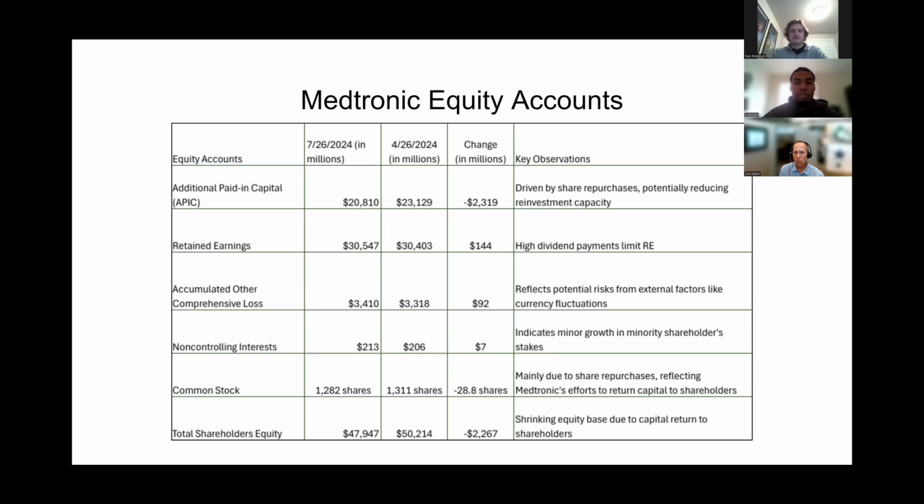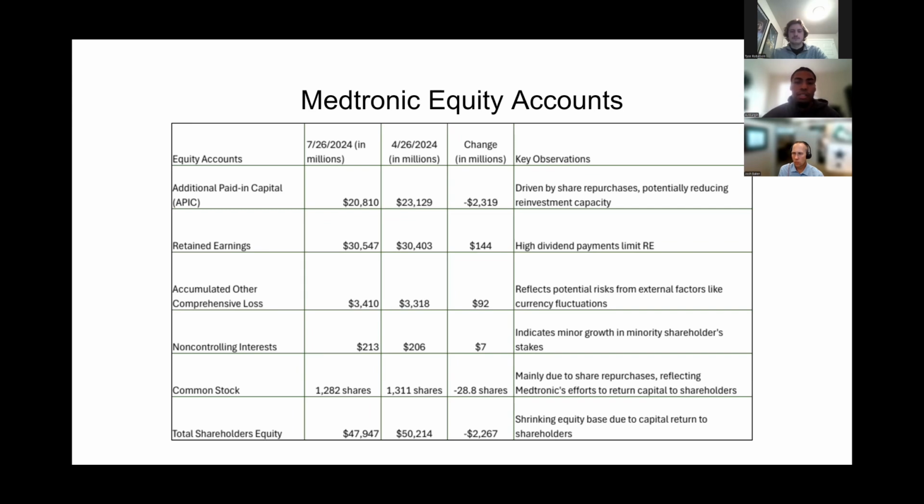Retained earnings saw a slight increase, $144 million, though high dividend payouts continue to constrain further growth in this area. Accumulated other comprehensive loss rose by about $92 million, reflecting external risks like currency fluctuations that could further impact the balance sheet in a negative manner.